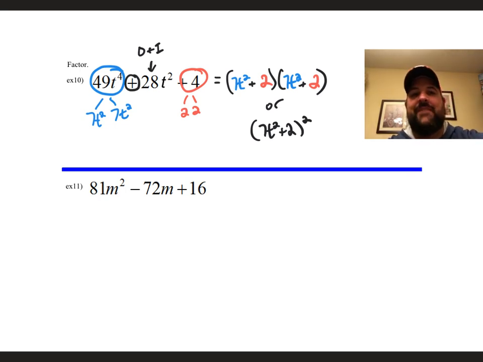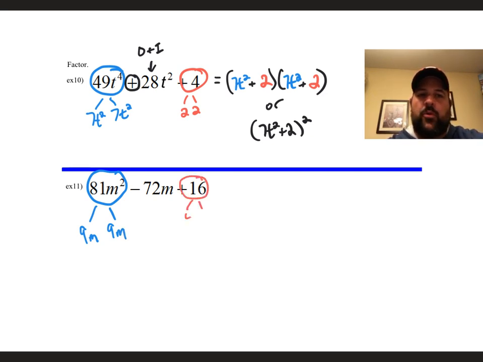Number 11, we have 81m squared for our first term. Perfect square, that's 9m times 9m. Last term, positive 16. That's going to be 4 times 4. So we're going to set up our binomials. First term in each case should be 9m.